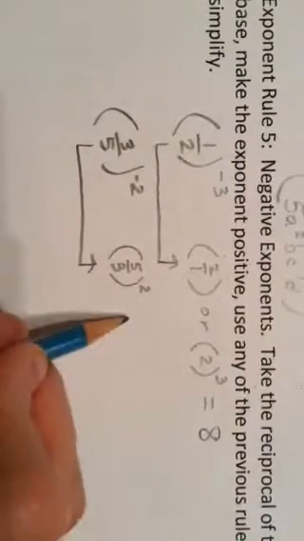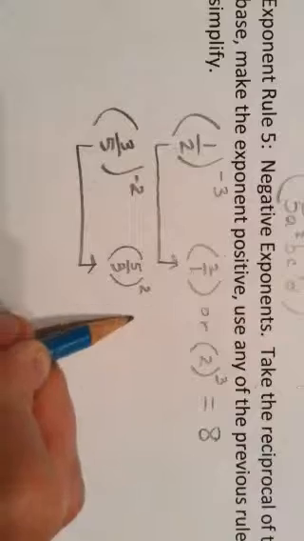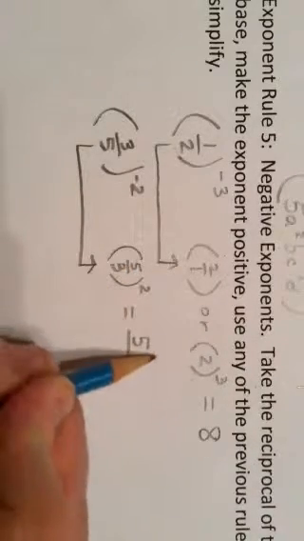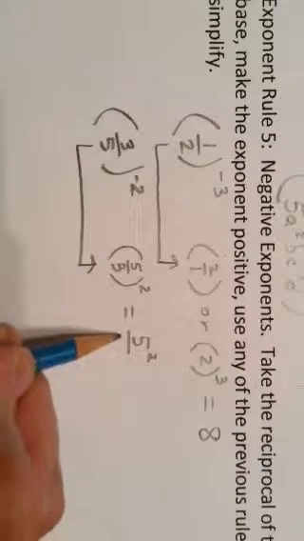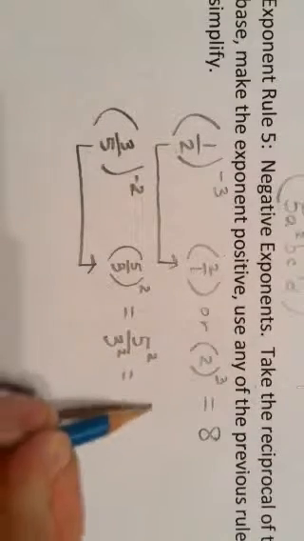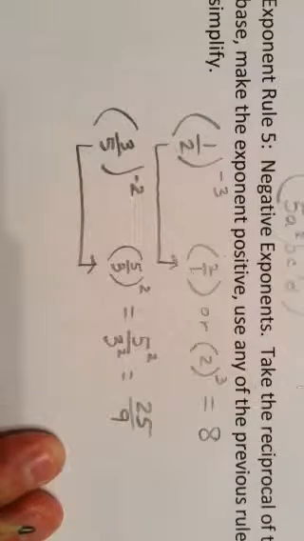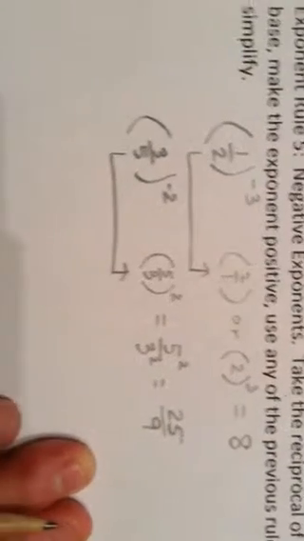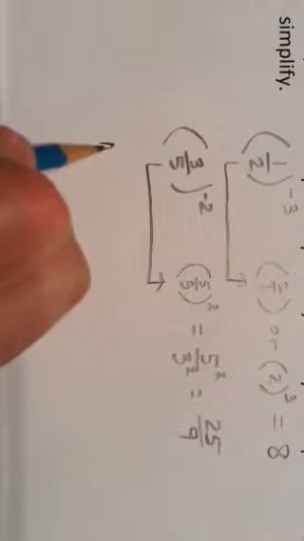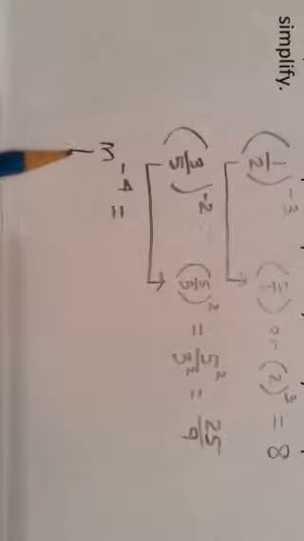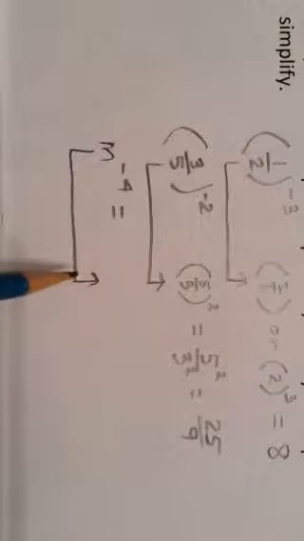And now we're going to use our exponent rule. Remember what it is? We give each base its own exponent, so we're going to give the 5 an exponent of 2, and then we're going to give 3 the exponent of 2, and we'll get an answer of 25 over 9. Again, check me on your calculator if you don't mind. All right, we have this. Well, what's the reciprocal of m?